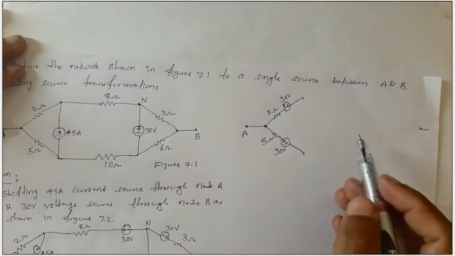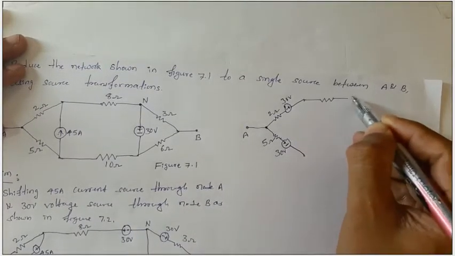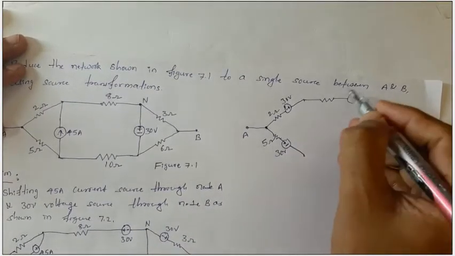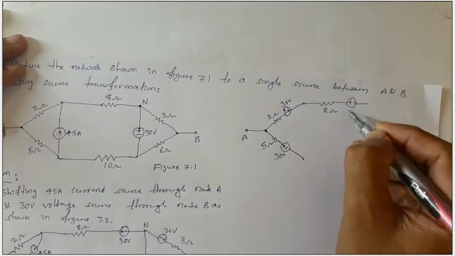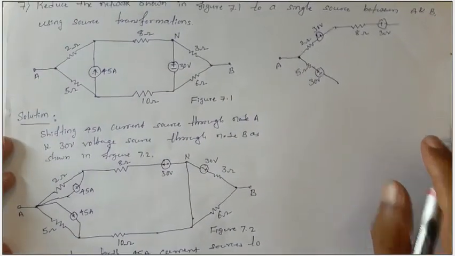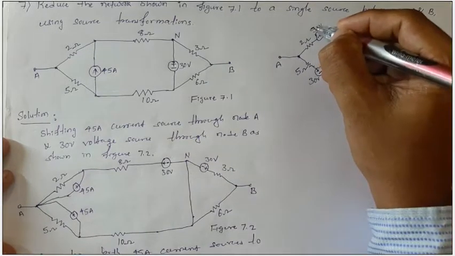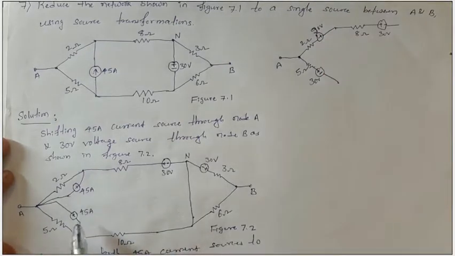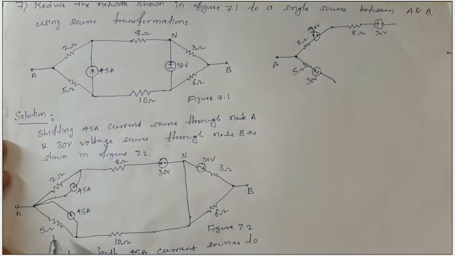Now dear students, I will keep this 8 ohm and a voltage source as it is. This is 8 ohm and this is plus minus 30. Sorry dear students, here you should calculate 45 into 2 is 90 volts, and this is 45 into 5 is 225 volts.